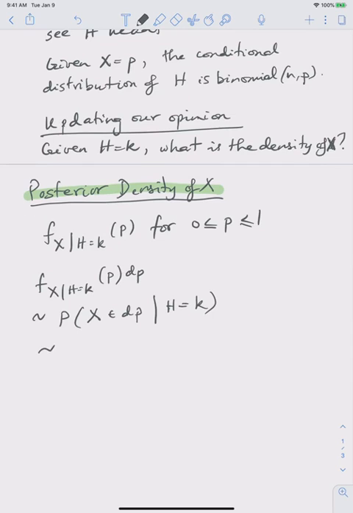And we have the division rule, or Bayes rule. So X had to be around dP and H had to be K. And this probability we'll take relative to the chance of what is given. That is the chance that H is equal to K.